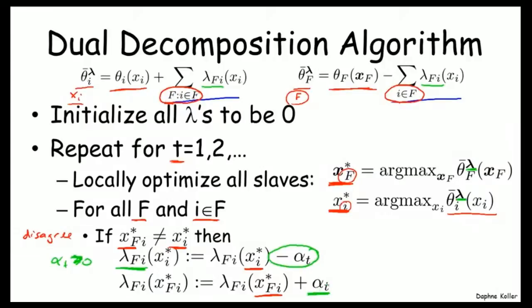Now, that changes the preference of the i slave, but it also changes the preference of the f slave by the exact same amounts, but in the opposite direction, because notice that here we have a negative sign, whereas here we have a positive sign. So it makes the i slave and the f slave move in opposite directions so as to agree with each other.